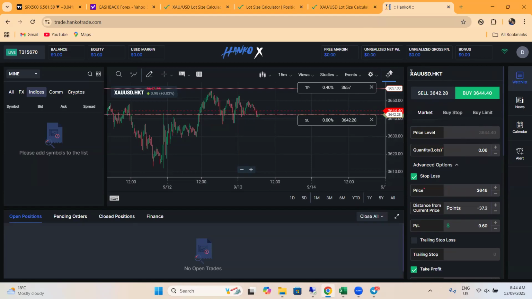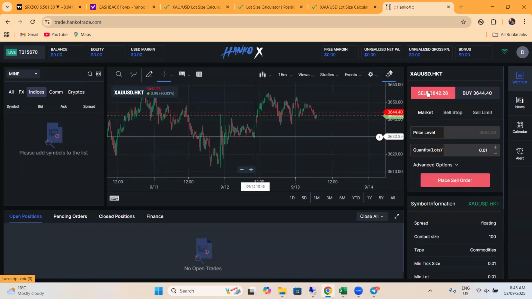You will find your instrument and bring it up. Notice you can buy or sell. You're going to sell, so you put it on sell. If a trade signal calls buy, then you put it on buy.